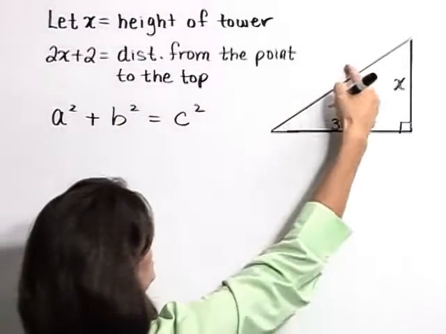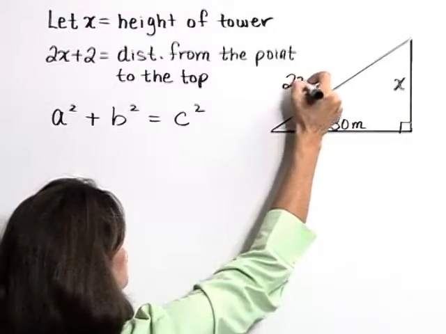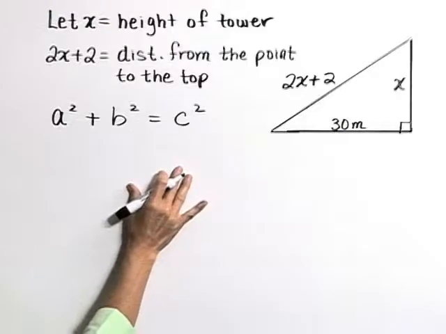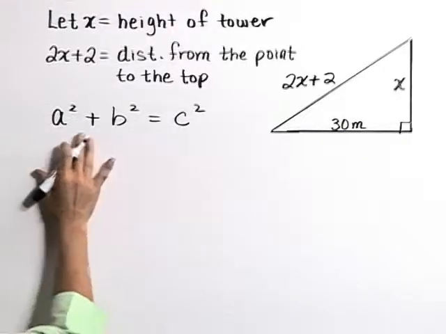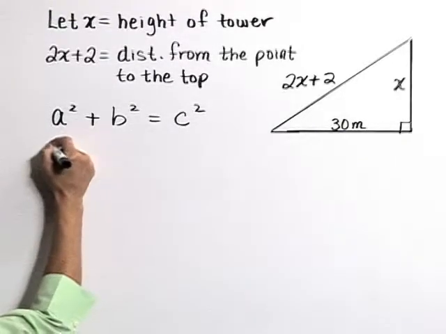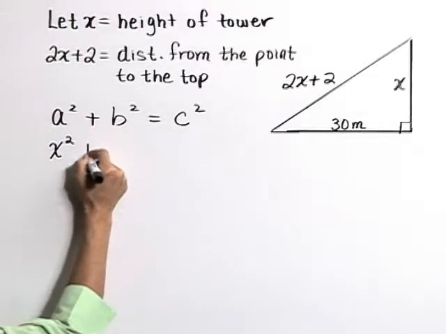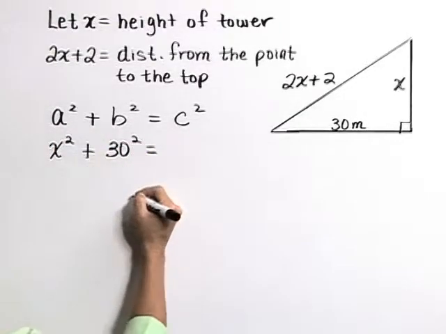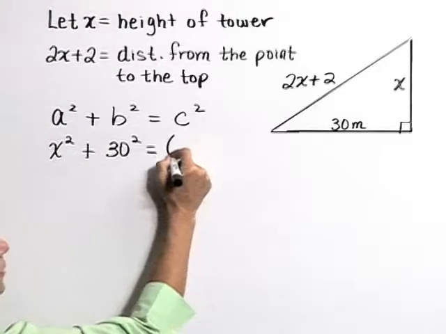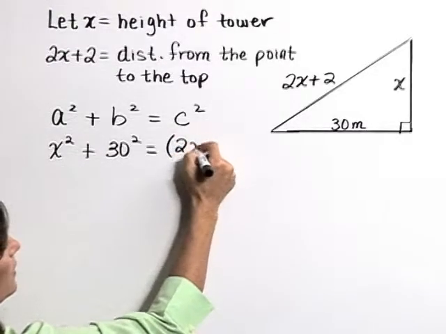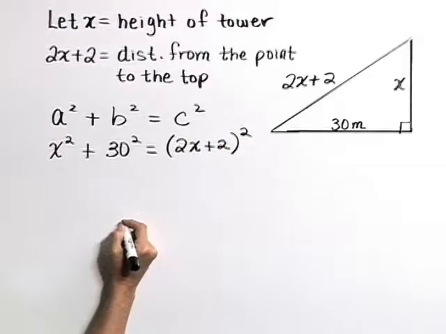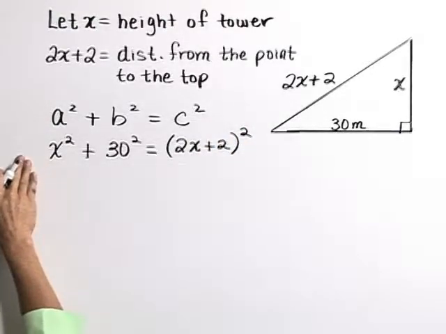Now, we've denoted this distance as 2x plus 2. Let's substitute values. I'm going to substitute x in for a and write this as x squared plus 30 in for b, so plus 30 squared, is equal to c squared, in other words, 2x plus 2, quantity squared. So we've written our equation.